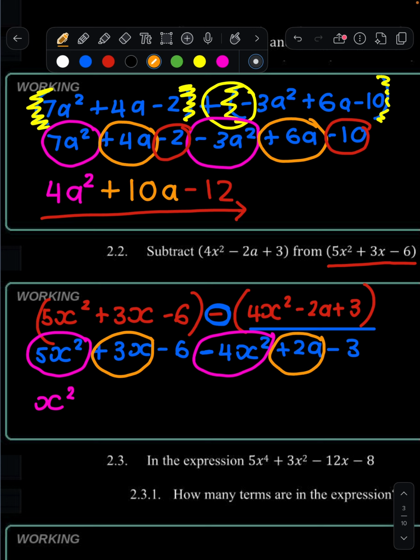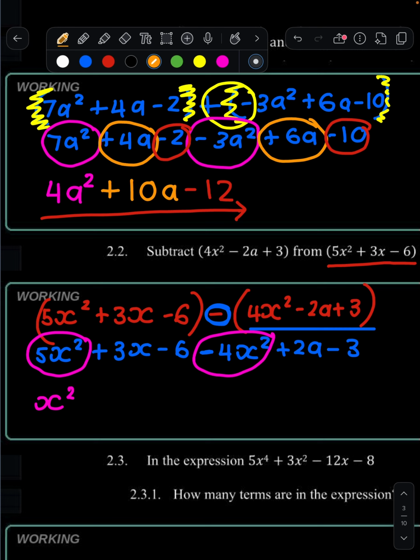Then we've got our x's, so plus 3x plus 2x. Oh, no, sorry. We've got a's here. That is really strange that we've got an a in there. Anyway, we actually can't do anything there. So 3x and 2a, we can't do much with that.